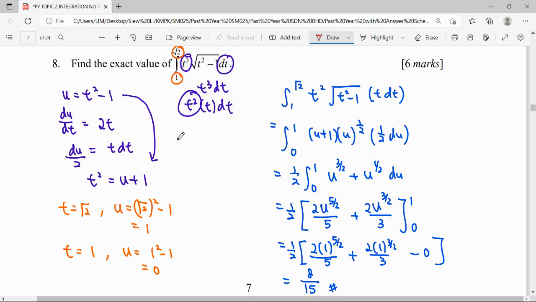So for these 6 marks, how are we going to get these 6 marks when changing everything in terms of u? Start by assuming u correctly for the function t squared minus 1 and differentiate it.